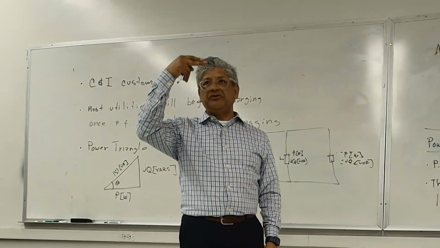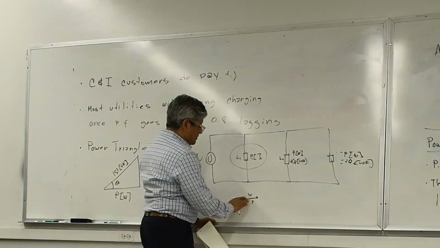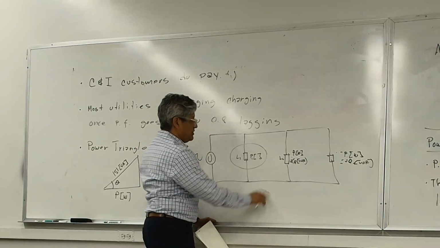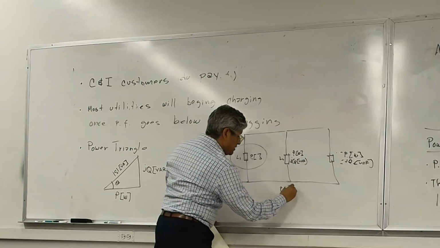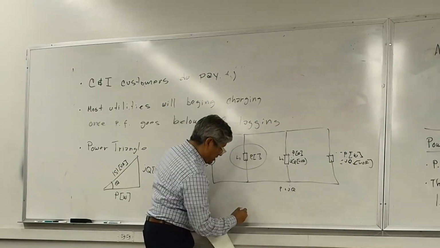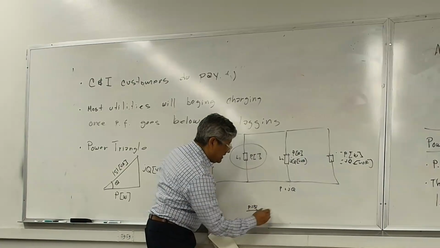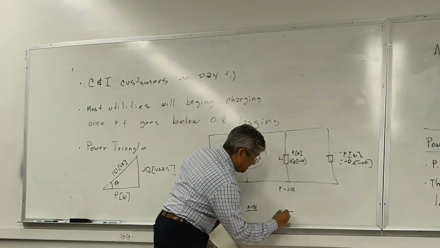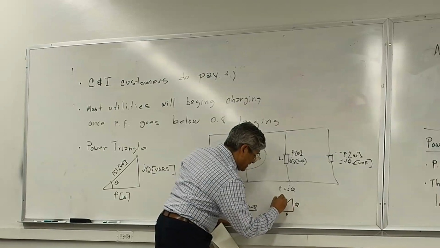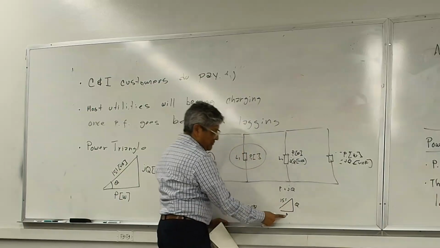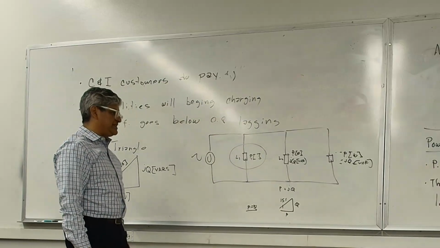There's P, but there's no Q. For this load right here, there is P and there's jQ. So you have a power triangle. P is not equal to S magnitude. But this one you have P and you have Q. And then you also have S. And S magnitude is not the same as the real power. So that's the power triangle for your resistive inductive load.